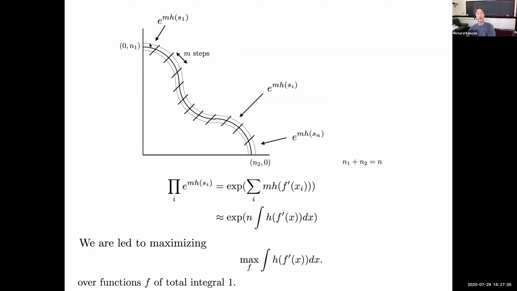Okay, so now here's the main idea. You take your curve here. I'm going to choose some distance m, which is sort of a mesoscopic scale, slightly larger than square root of n, maybe n to the 3/4.